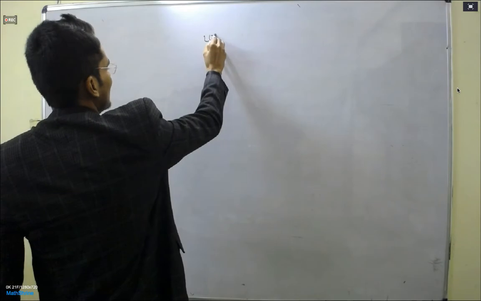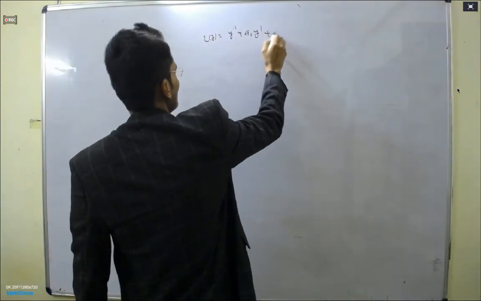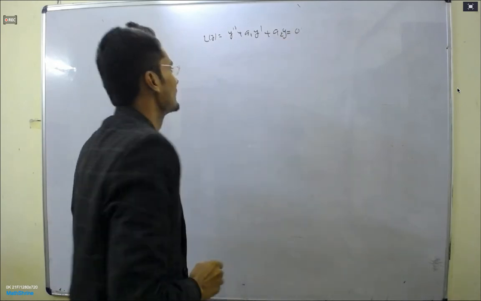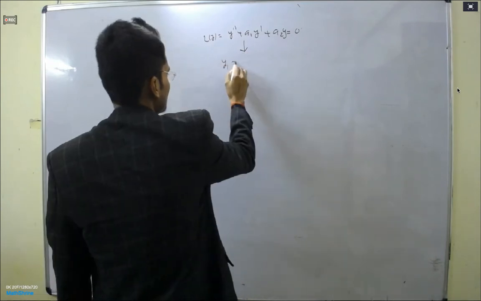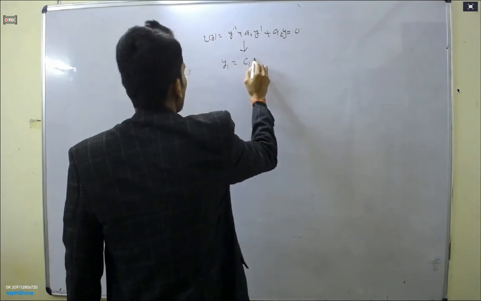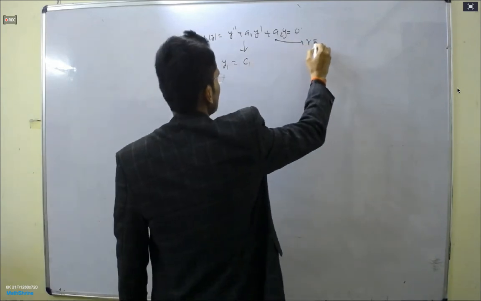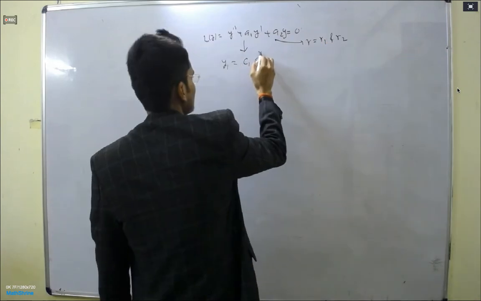Suppose it has two roots, r = r1 and r2, then y1 = c1 e^(r1x) and y2 = e^(r2x), provided r1 and r2 are different. If r1 is equal to r2, then y1 = e^(r1x), y2 = e^(r2x).